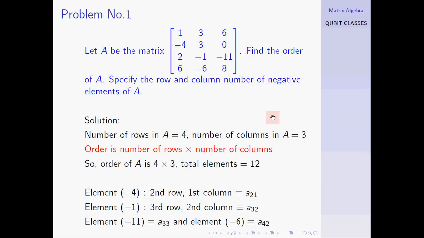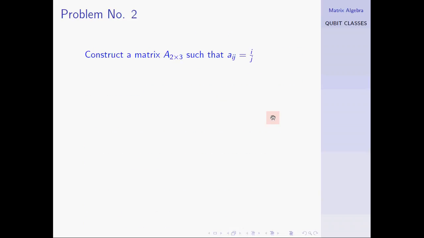Let's move on to problem number 2. Construct a matrix A, 2 by 3, such that aij is equal to i by j. Now in the previous problem we saw that aij represents the element which is present in the ith row and jth column of the matrix.